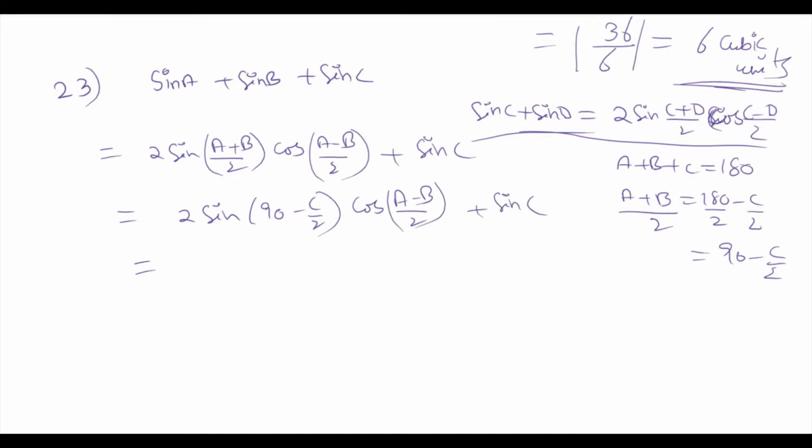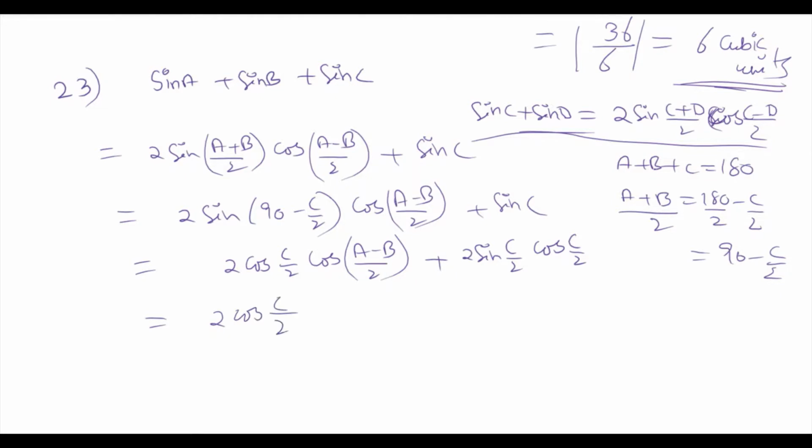That equals 2 cos C/2 into cos of (A minus B)/2 plus, I can write sin C as 2 sin C/2 into cos C/2. Taking out 2 cos C/2 as common, these two terms are common here.